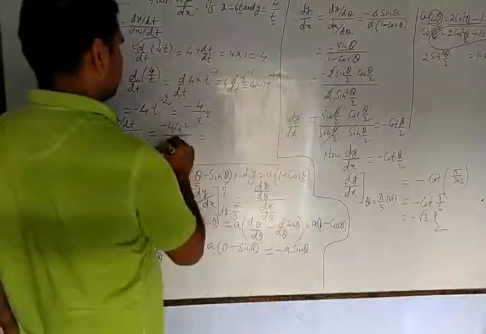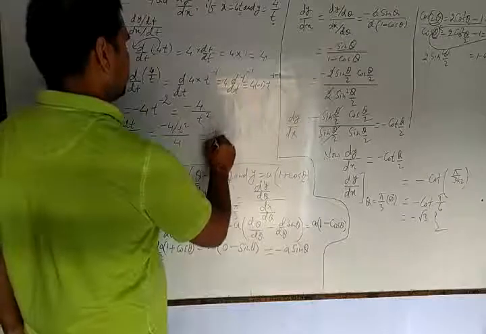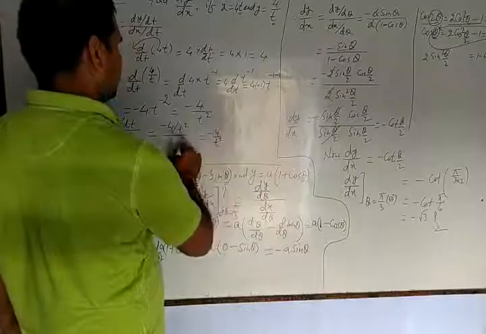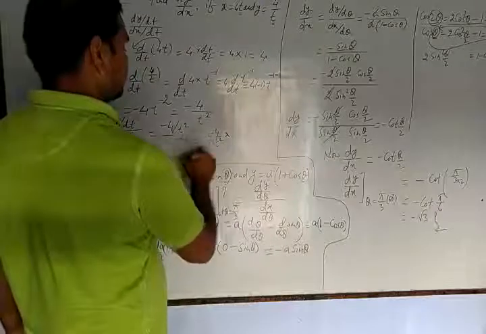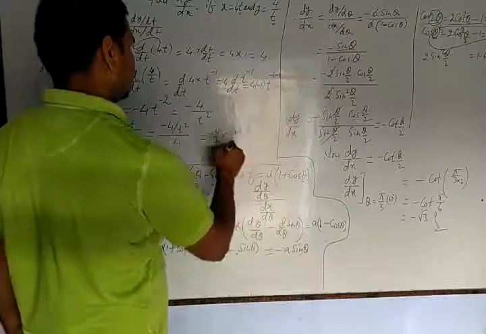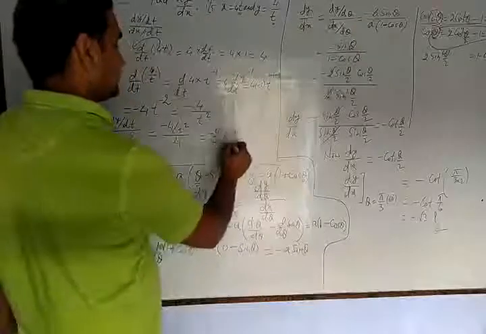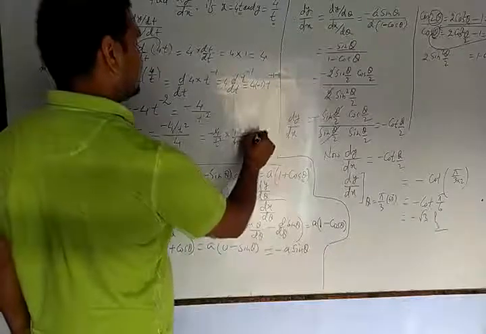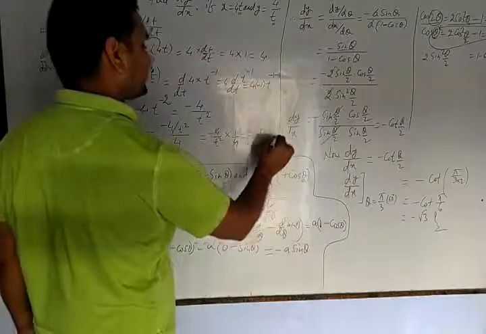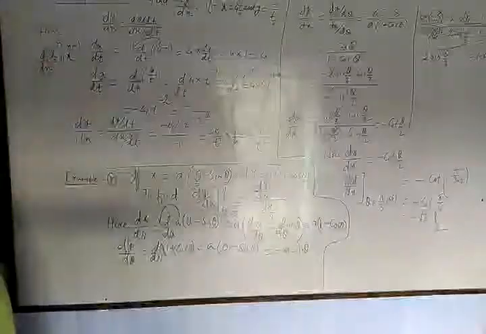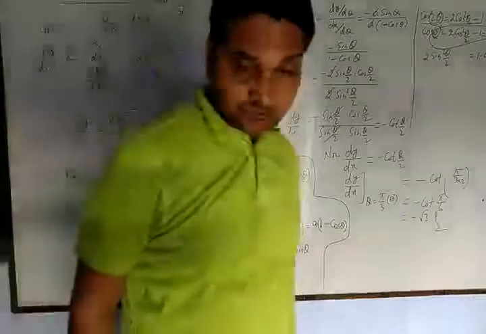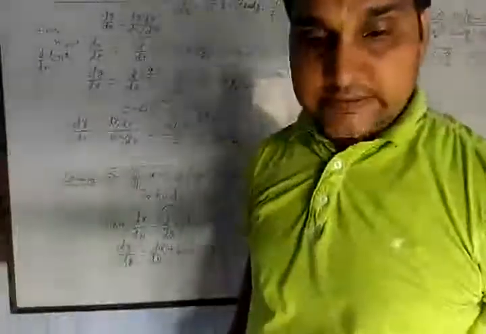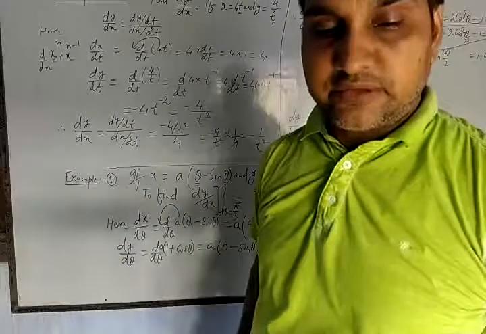Division by 4 means multiplied by 1 by 4. So 4 cancelled, that is minus 1 by t square. So in that way, if all the calculations are correct, then that should be the solution. So best solution is this, and you can do it in that way.